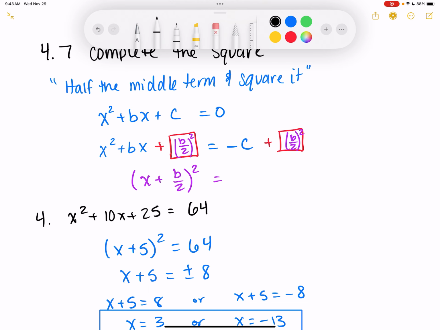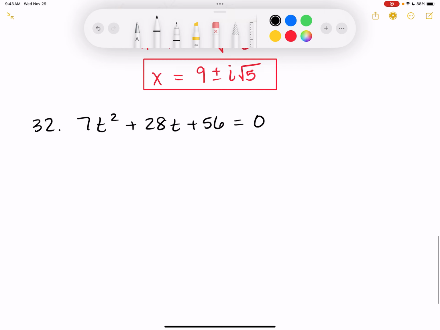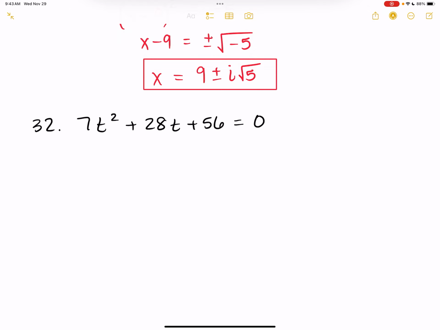If there's not a 1 in front, I can't complete the square. But sometimes I can take something out of all the pieces so that I can get a 1 in front, and then I can proceed by completing the square.